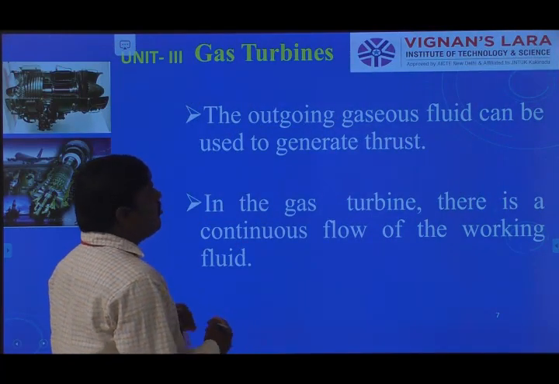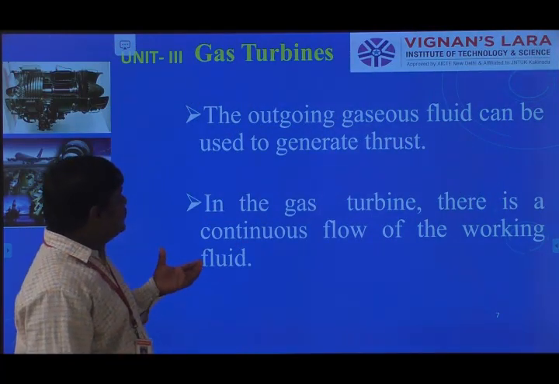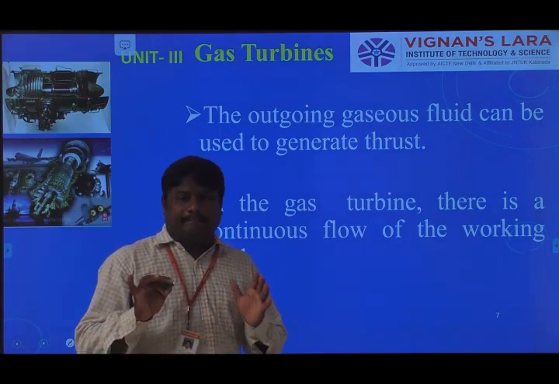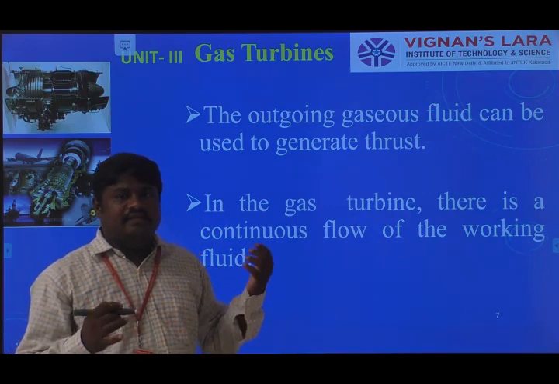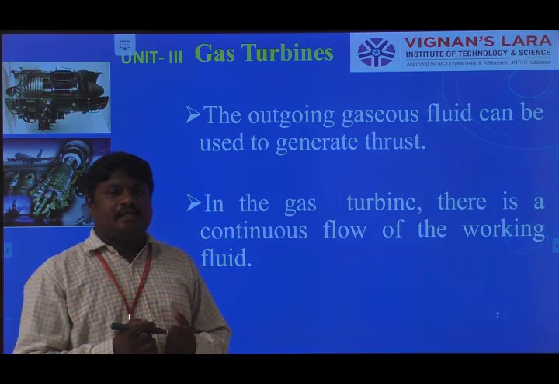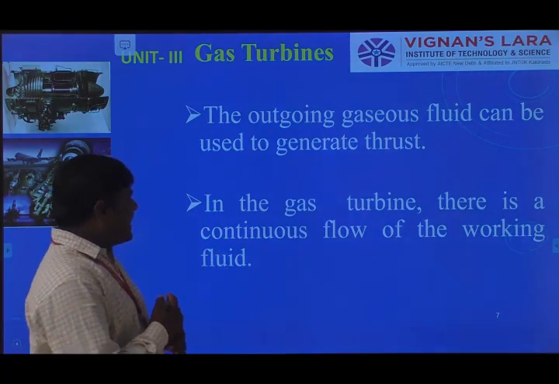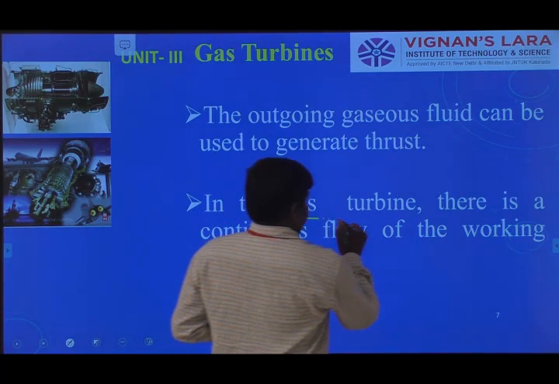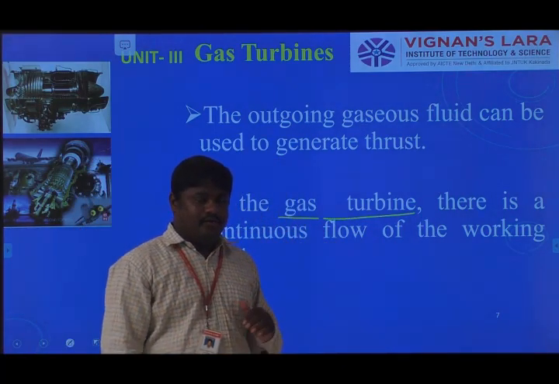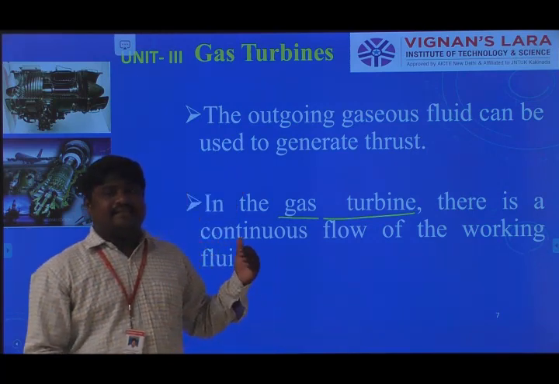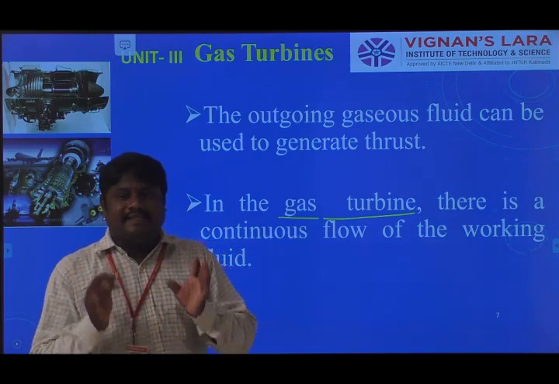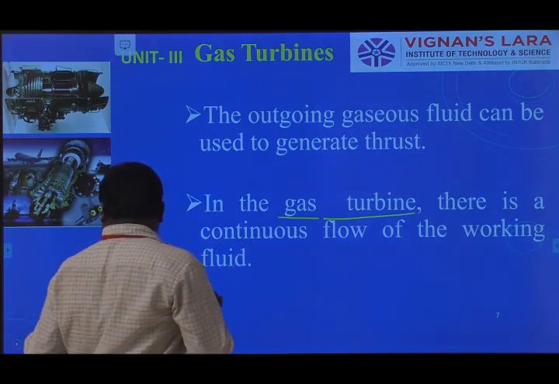The outgoing gaseous fluid can be used to generate thrust, thrust in the sense of mechanical power. In the gas turbine, there is a continuous flow of the working fluid, and in these gas turbines the working fluid is gas.